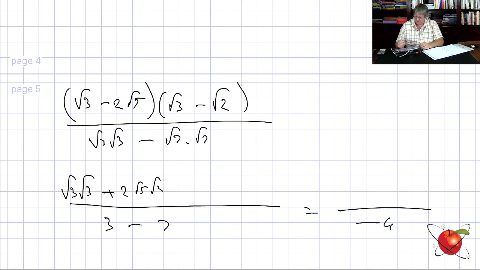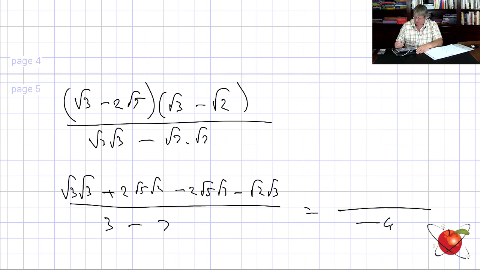That's that one times that one. And then the middle term is going to be minus 2 root 5 root 3, and the other middle term is going to be minus root 2 root 3. Okay, so we've now got everybody. So what do we now multiply out? What do we end up with on top?